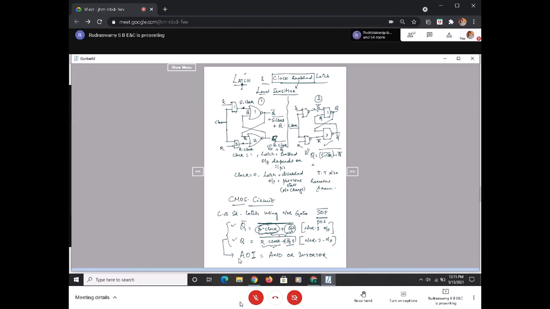This is nothing but S bar plus clock bar, into Q bar whole bar. Is it in the form of product of sums complement? Yes or no?